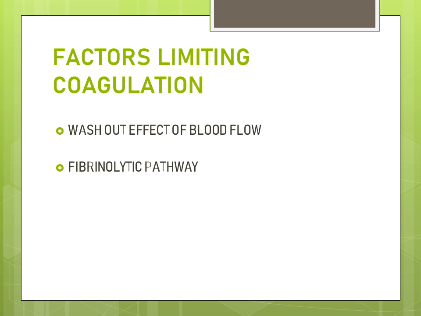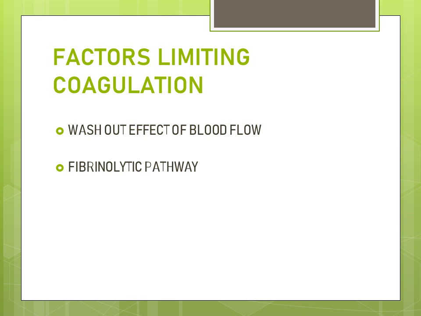Now we have studied the coagulation cascade, and once coagulation in the blood vessel has started, it must be stopped at the site of the vascular injury. Otherwise, it may carry harmful effects. It may lead to thrombosis and ultimately ischemia. So how should this coagulation be limited?